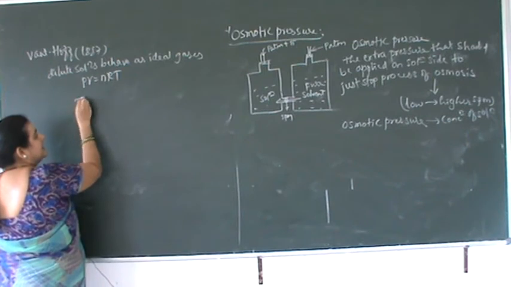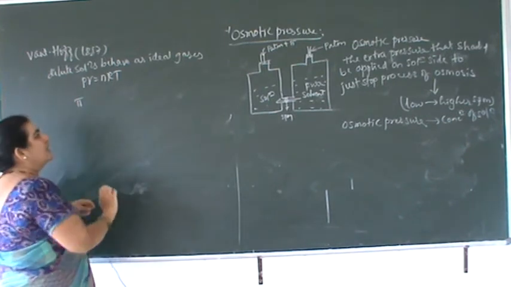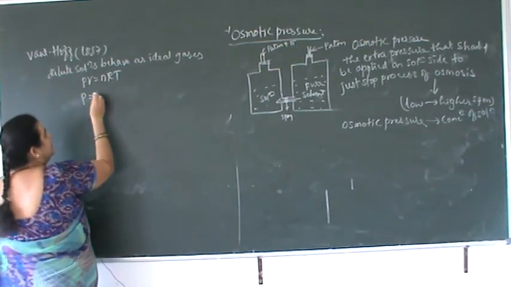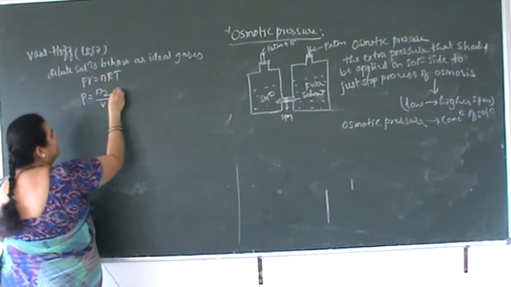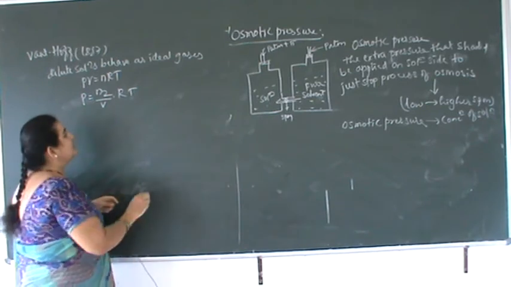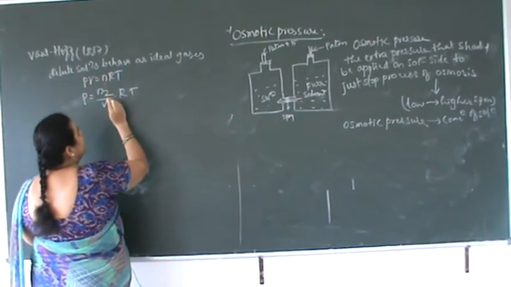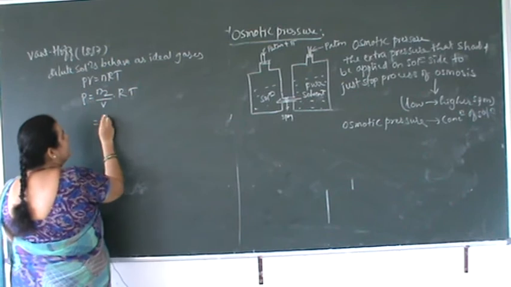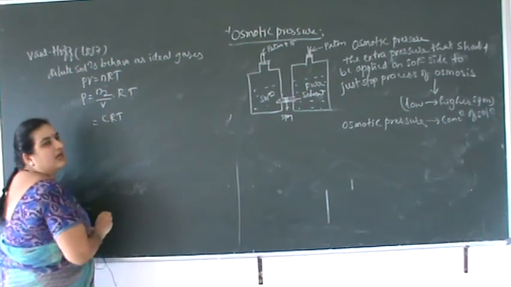Now, P is equal to n2 divided by V into RT, where n2 means the number of moles, so n2 divided by V is C, giving CRT.